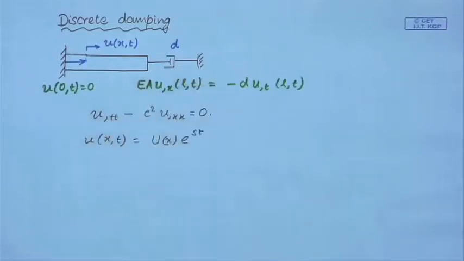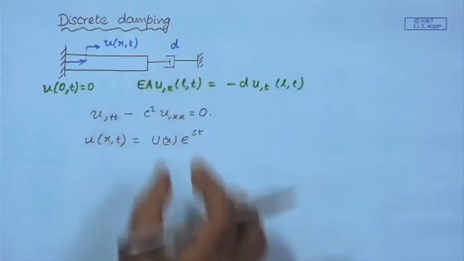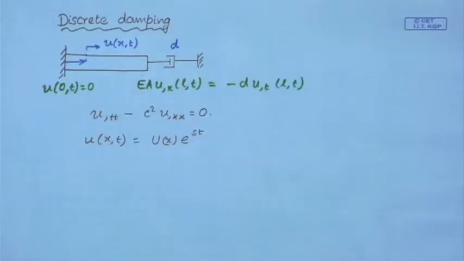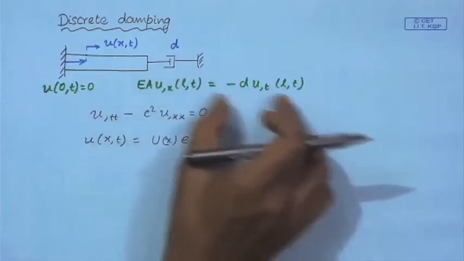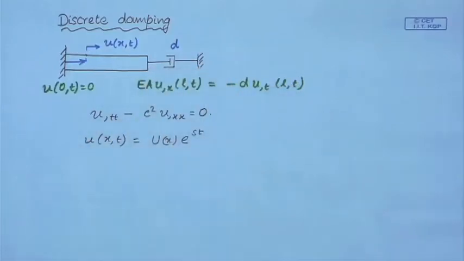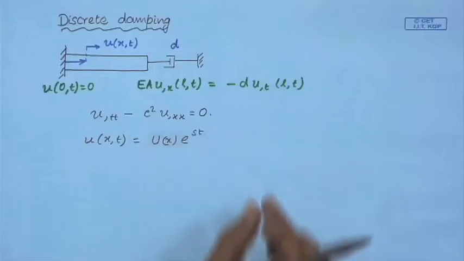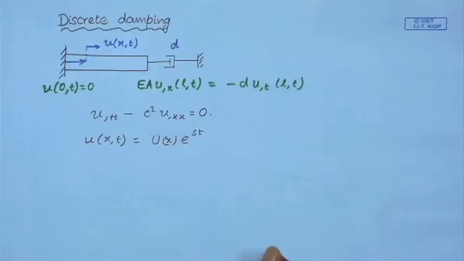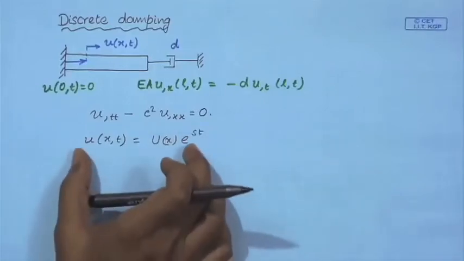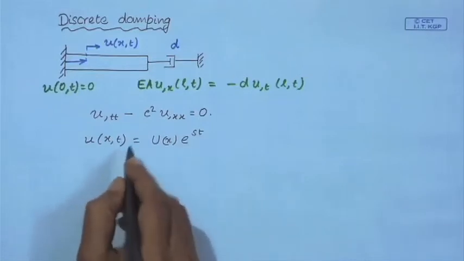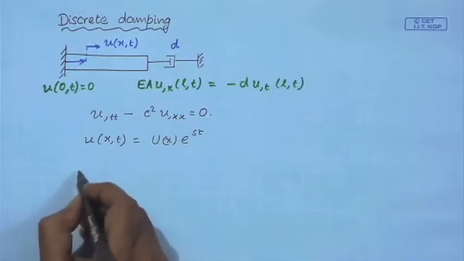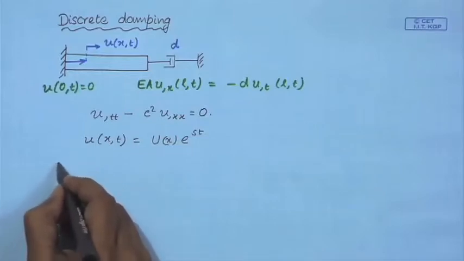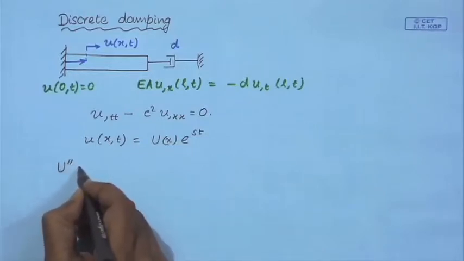So, we have a discrete damper at this end, and we have introduced this damping not in the equation, but in the boundary condition, which we can always do. Once you substitute this solution form in the equation of motion, we obtain an eigenvalue problem.